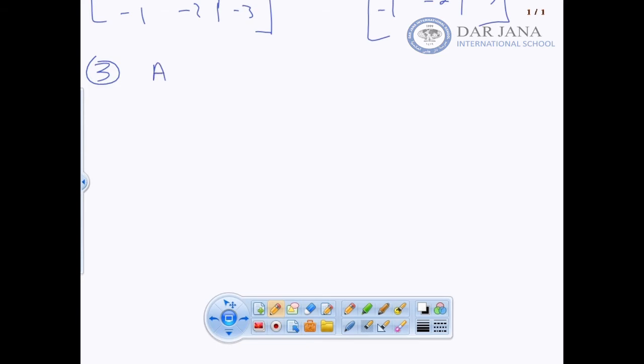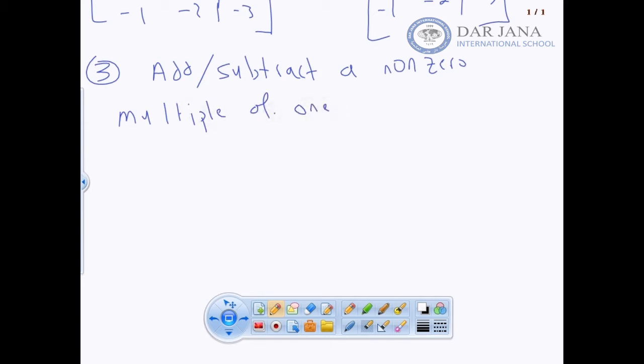Now the third row operation: we can add or subtract a non-zero multiple of one row to another row.